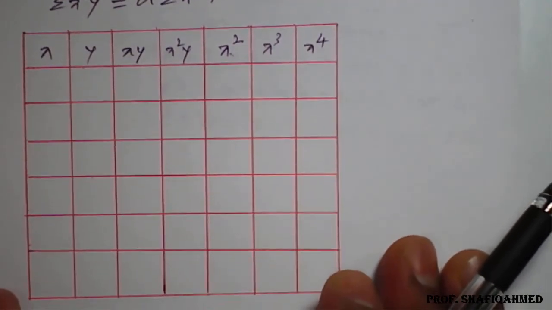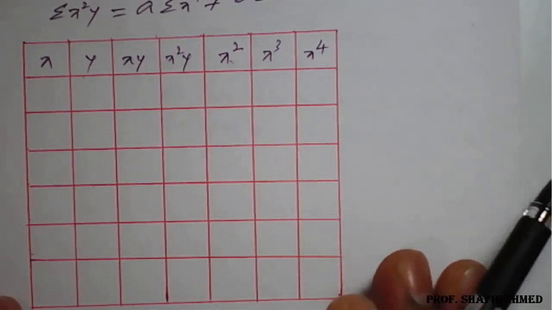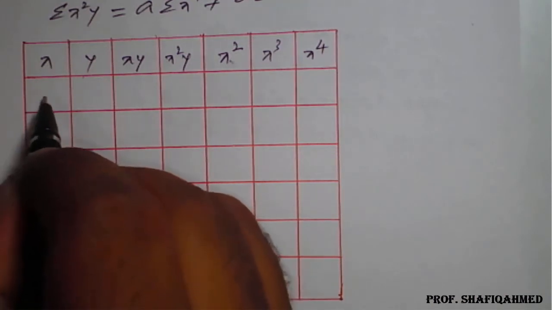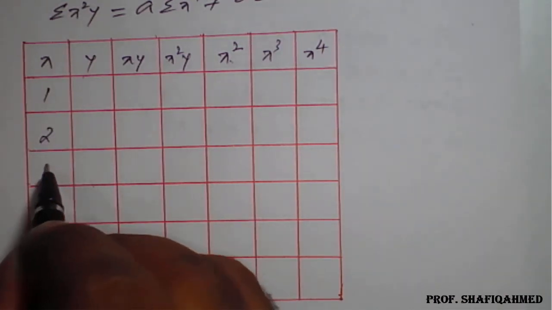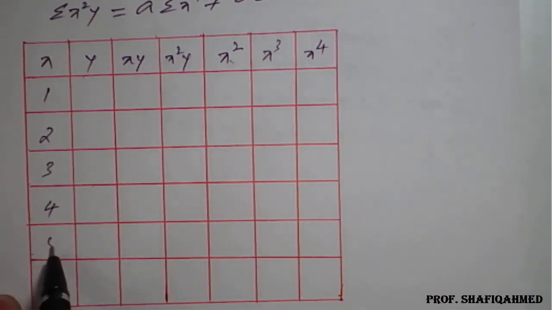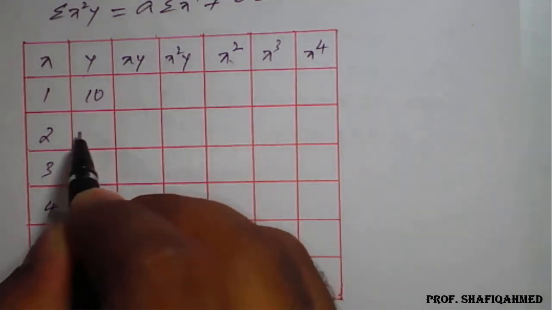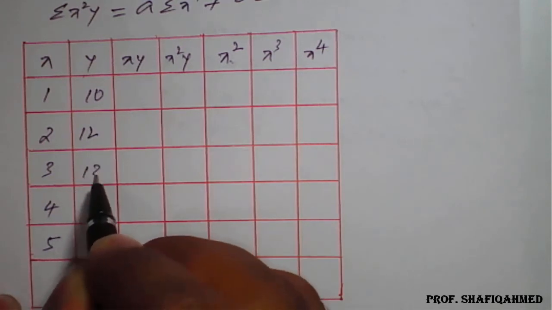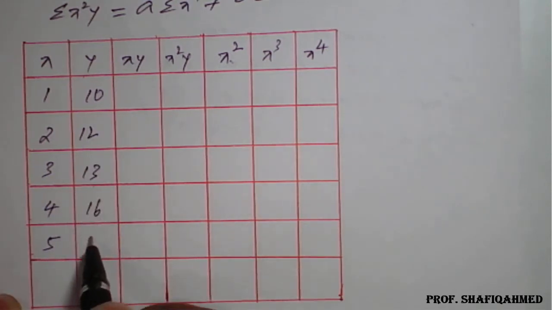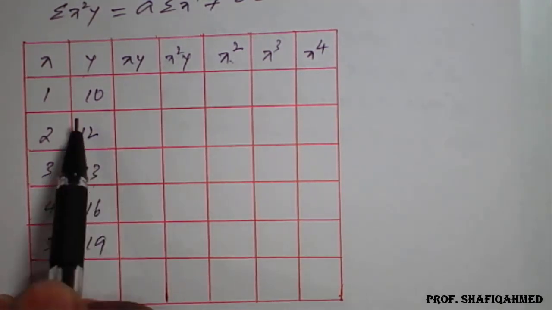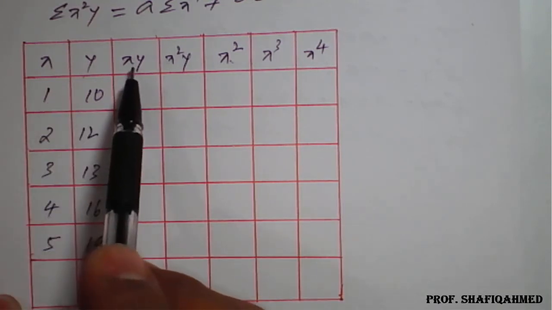So now we know the values of x and y. Value of x is 1, 2, 3, 4, 5. Value of y is 10, 12, 13, 16 and 19. Now we need to prepare x into y.